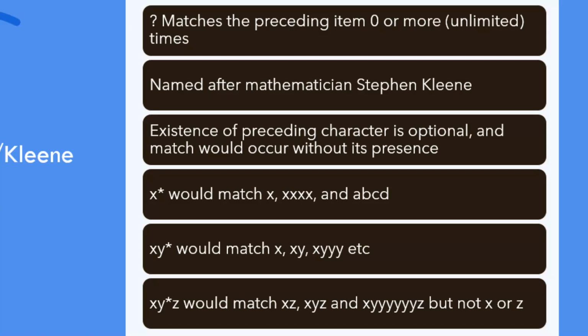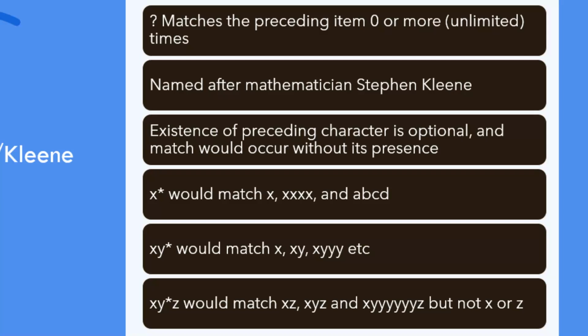However, it would start matching color with 0, 2, 20, or 200 repeating U characters after COLO and before R. So let's stick with question mark for these and consider X* as our regular expression, which would match an empty string, X, XXXX, and ABCD. Last one, ABCD, has no X, which is okay because it allows for 0 repetitions.